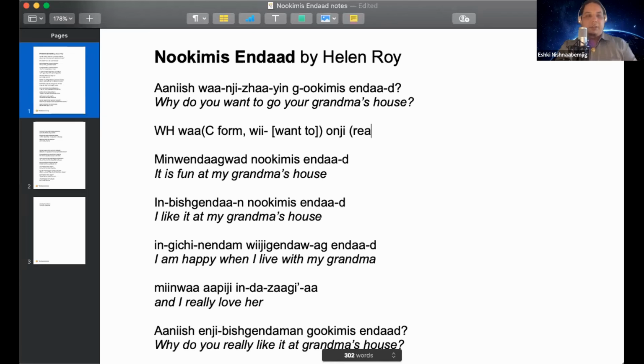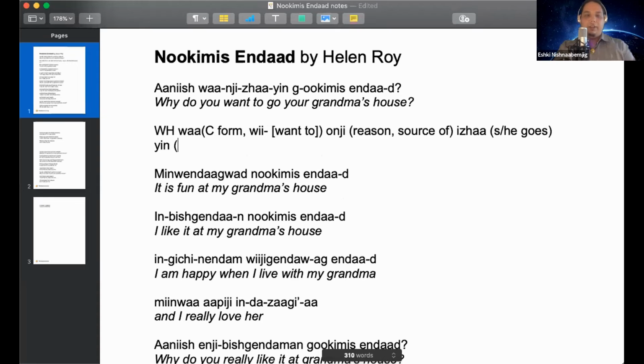It means the reason, source of something, so the source of your wanting to go. Ija, she goes. And the yin at the end on your chart is you.